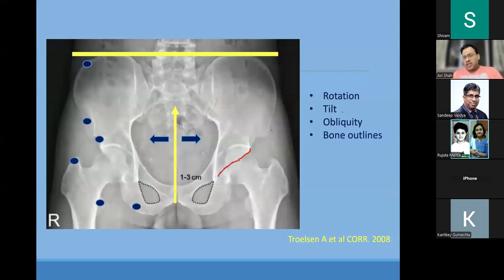So the line which I'm drawing now is the anterior margin or the rim of the acetabulum. So how do you draw it? You look for the lateral edge of the acetabulum and you look for the teardrop. You'll see the line going from the lateral edge of the acetabulum towards the teardrop is your anterior acetabular margin.